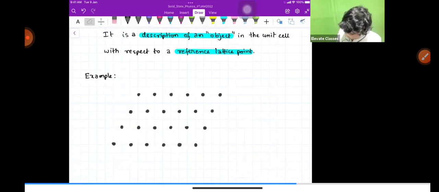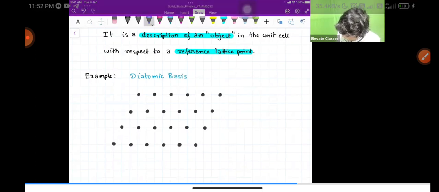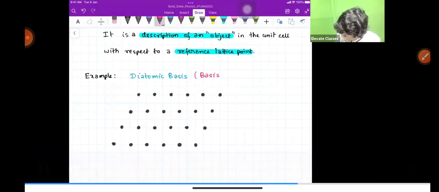This is an example of a diatomic basis, which means the basis consisting of 2 atoms.